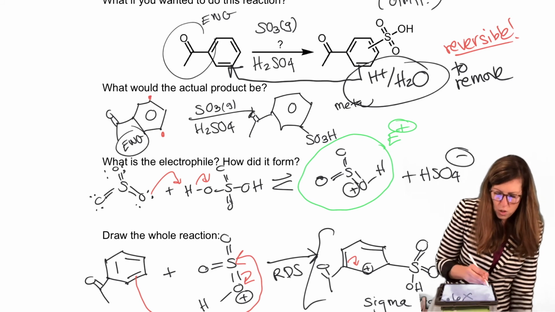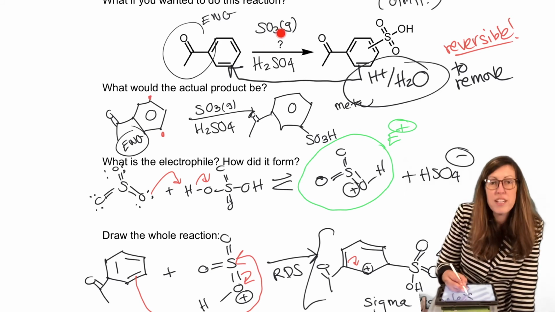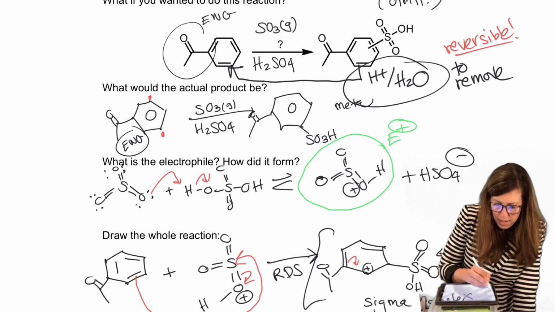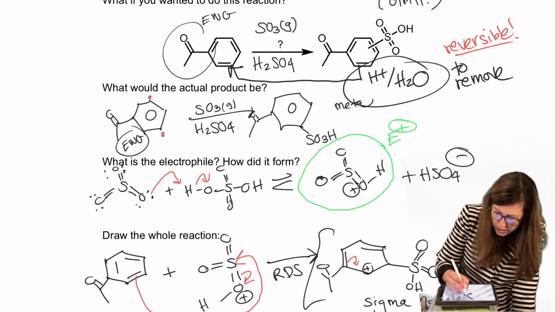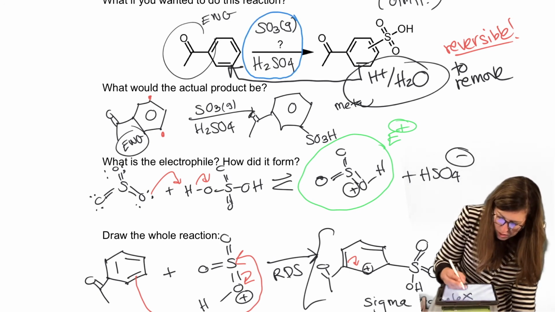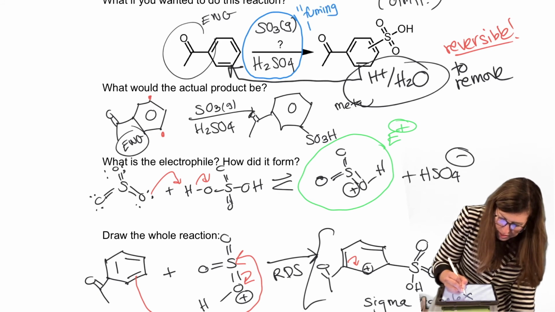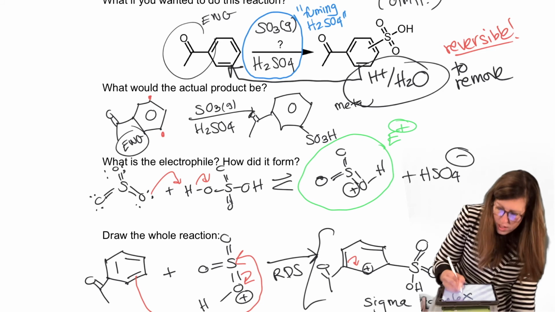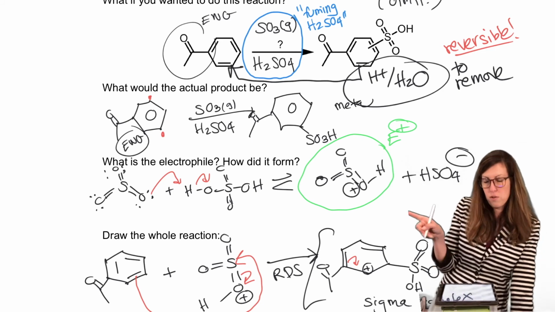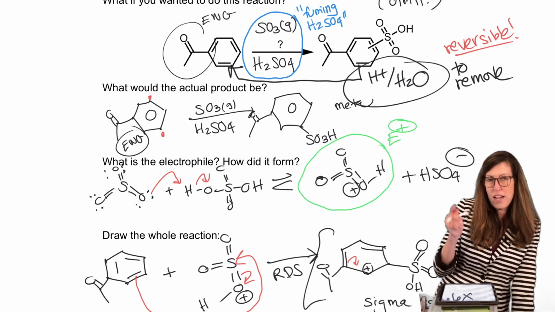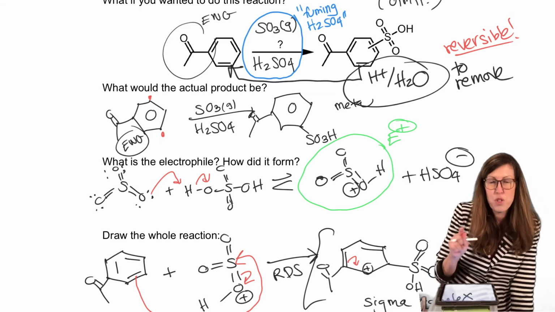All right, so note that means there is no water available here. Sometimes this is even referred to collectively, SO3 mixed with H2SO4, as fuming sulfuric acid. So if you see that over the arrow, that means it's going the forward direction. That's the same as writing SO3, because it's a gas, that's the fuming, right?